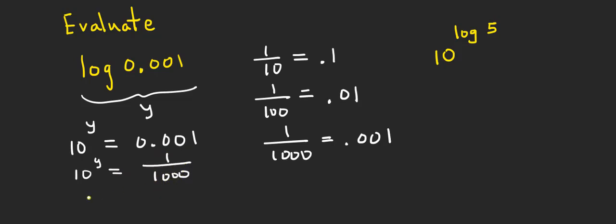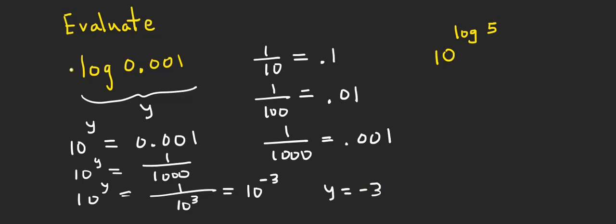And 1,000 is the same thing as 10 to the third, isn't it? And 1 over 10 to the third is the same thing as 10 to the negative 3. So in order for this to be equal, y has to equal negative 3. Therefore, this whole thing is equal to negative 3.